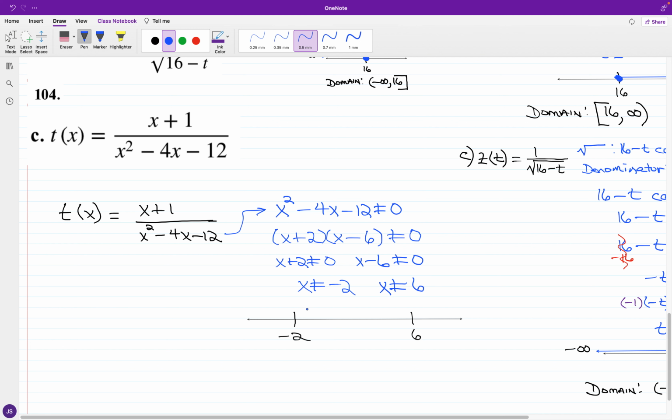Looking at it from a graphing standpoint, -2 is left out, 6 is left out, and all the other numbers in the real number system will be in the domain.